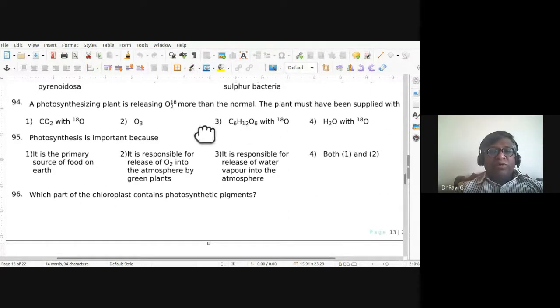So where is this radioactive oxygen supplied? Is the source carbon dioxide, ozone, glucose, or water? It is from water, because the photolysis of water releases oxygen. That happens in non-cyclic photophosphorylation. So for the 94th, the fourth is the correct answer. D is the correct answer.